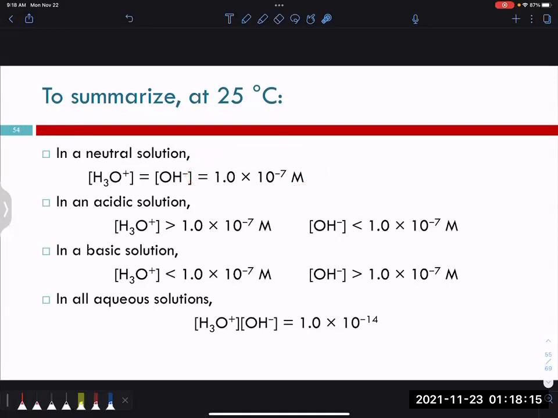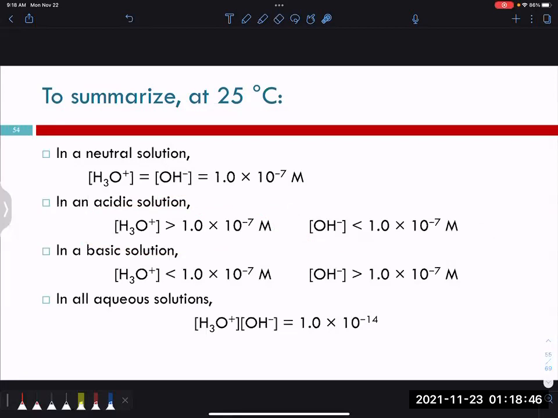Then in an acidic solution, that's any time that the concentration of our hydronium, essentially H plus, is greater than 1.0 times 10 to the negative 7, and our hydroxide concentration is less than that. Because if we add more protons to solution, those protons get added to hydroxide to form, well, through water, hydronium.